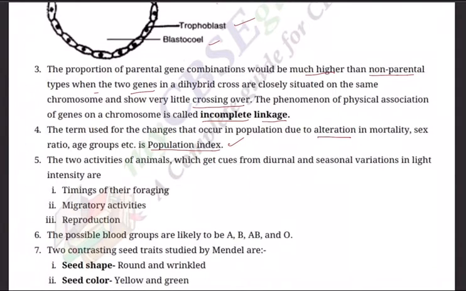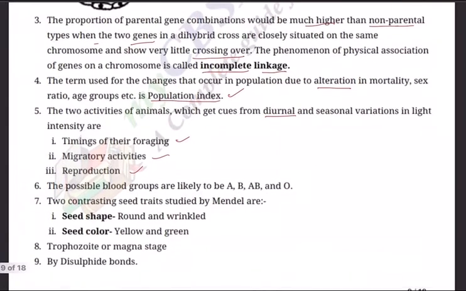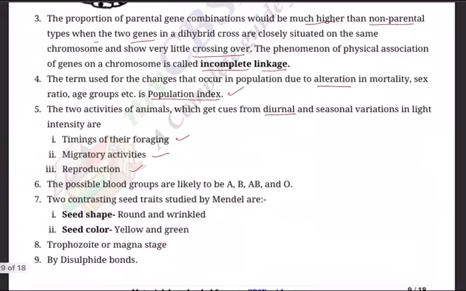Question 5: mention any two activities of animals which get cues from diurnal and seasonal variations in light intensity. The answer is timings of their foraging, migratory activities and reproduction.